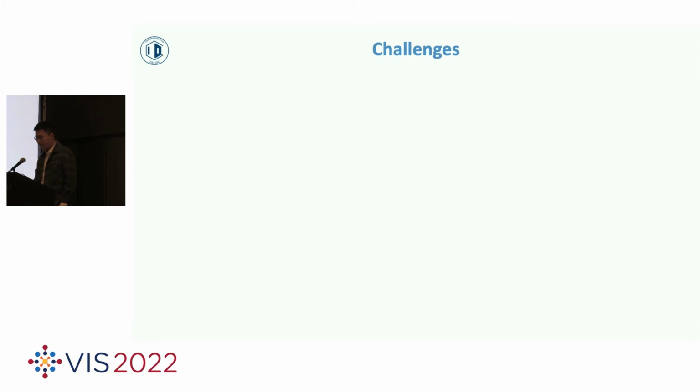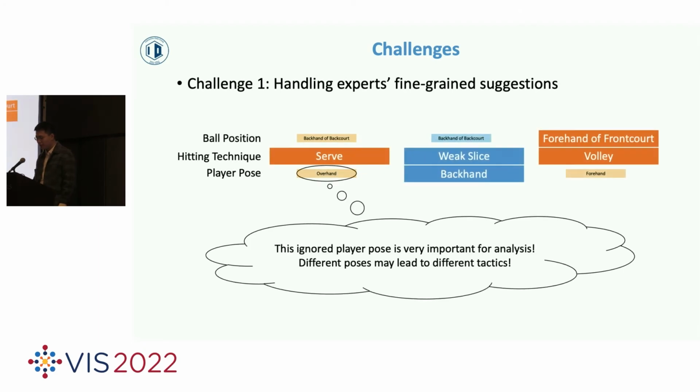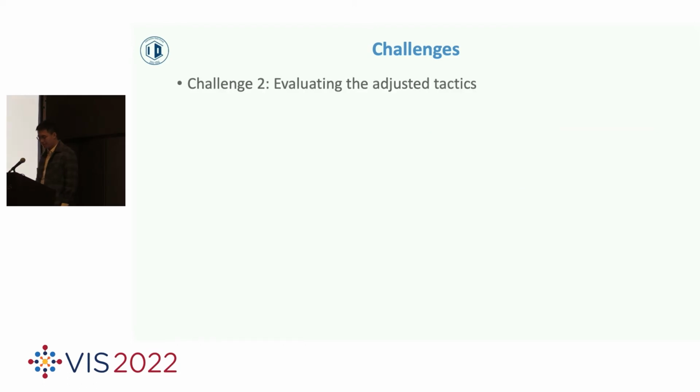There exist two main challenges to support interactive analysis. First, experts may need to give fine-grained suggestions to the algorithm on a single hit feature. For example, experts might take a careful look at different hits, depending on what tactic a player uses.